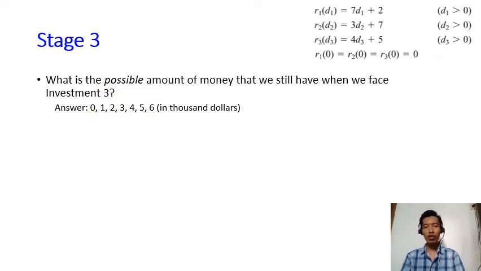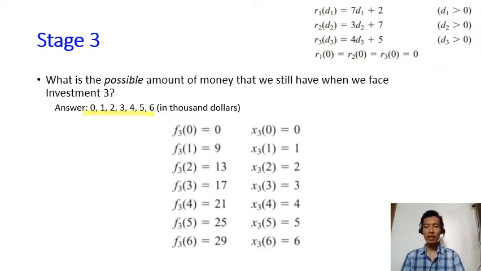Now for each of these amounts of money that we still have when we face investment 3, we may say that let's say you still have $4,000 left with you. Because this is the very last investment that you may invest, your decision would be investing all $4,000 in investment 3. Again, because this is the last investment that you may invest, why would you want to keep the money?